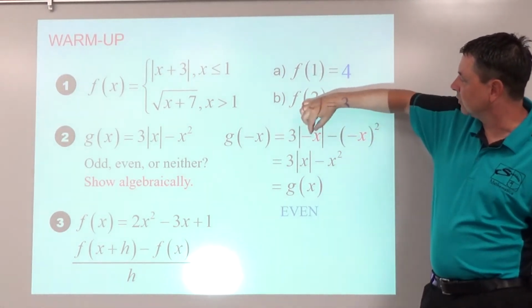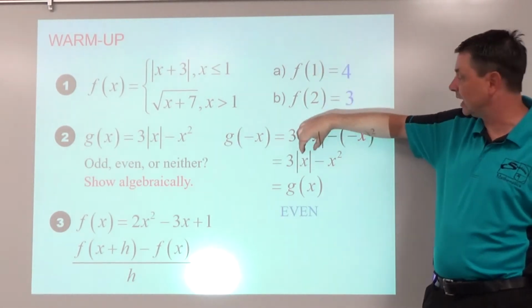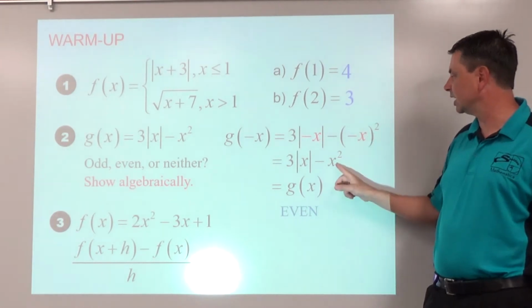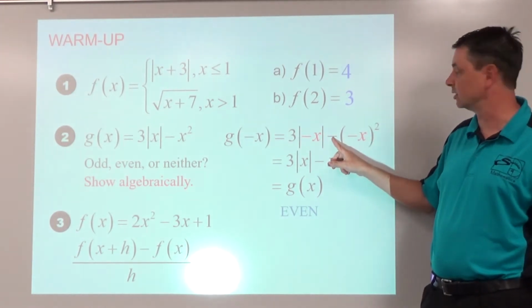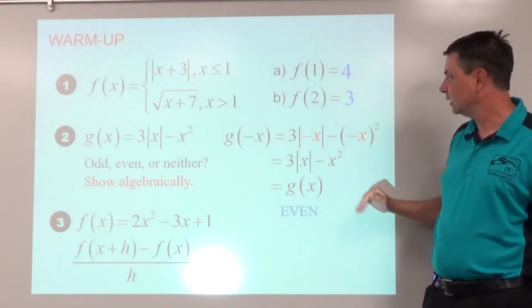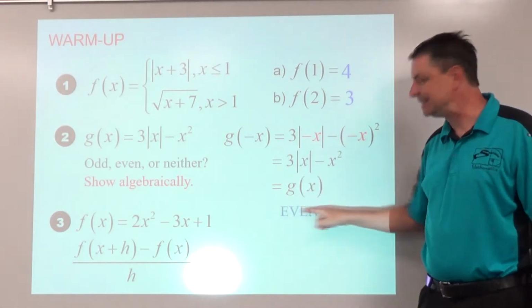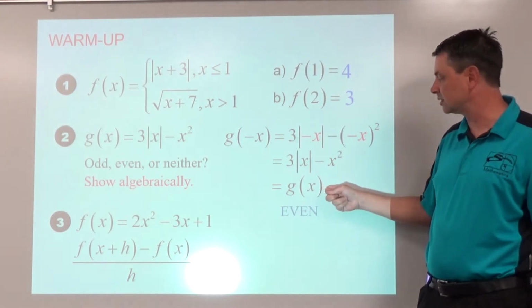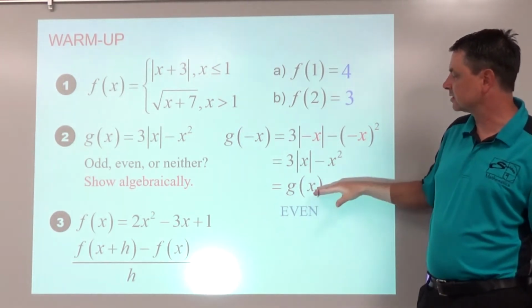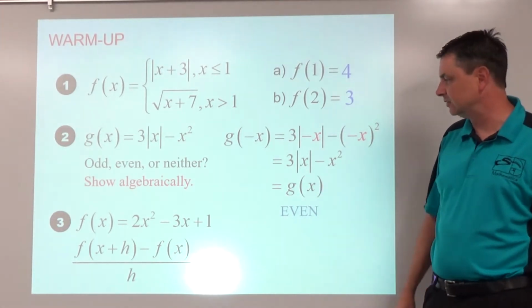Since the absolute value of a negative is the absolute value of a positive, it just becomes the absolute value of x here. Since when you square a negative, you get a positive, it does not influence this at all. So we keep the minus, this becomes positive x squared, and that is g of x. You need to show this step here. And we conclude that since it's the same as the original function, it's even.